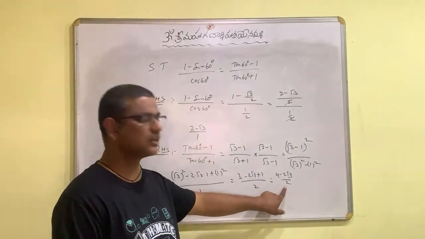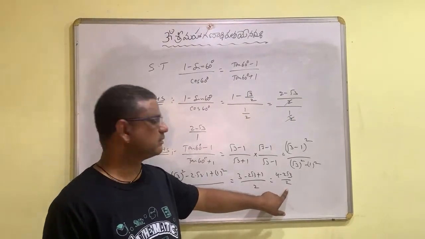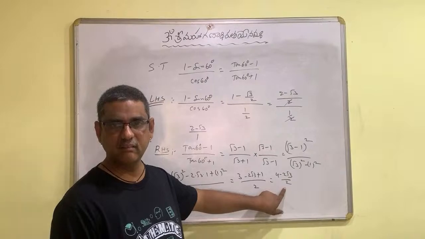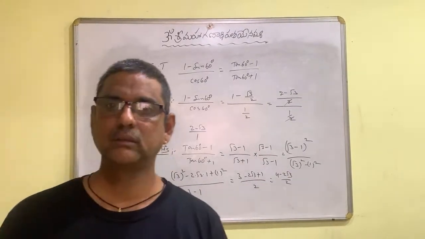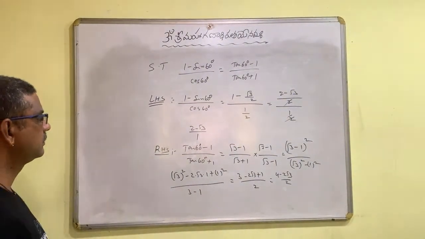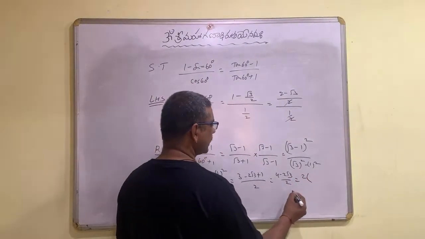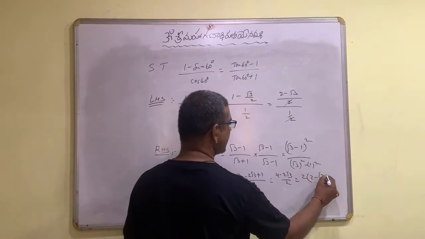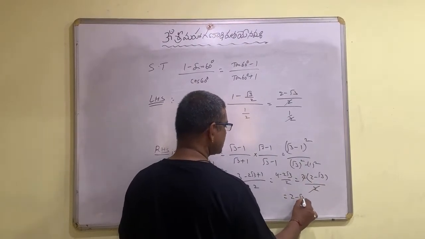We got this answer. Can we simplify further, or is this the only answer? So take 2 common in the numerator. If I take 2 common, remaining is 2 minus root 3 by 2. The 2s get cancelled. 2 minus root 3.